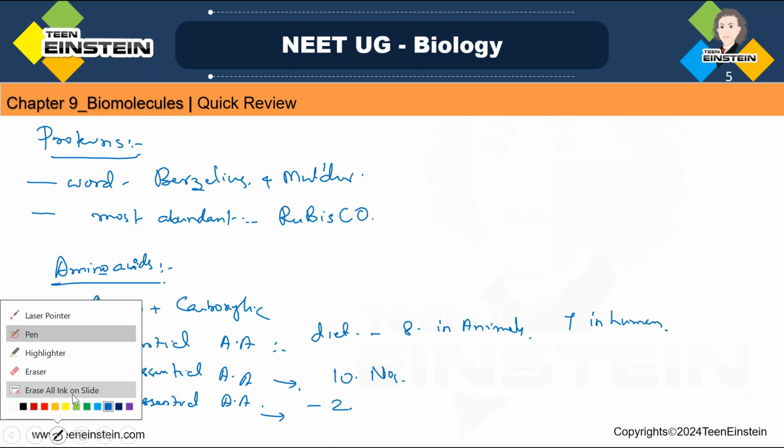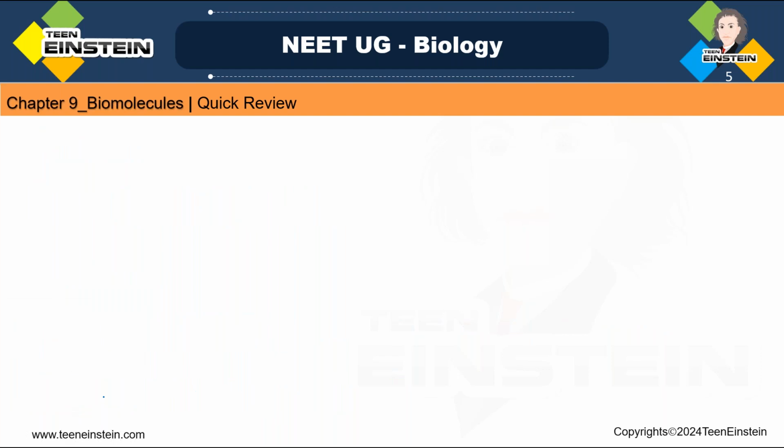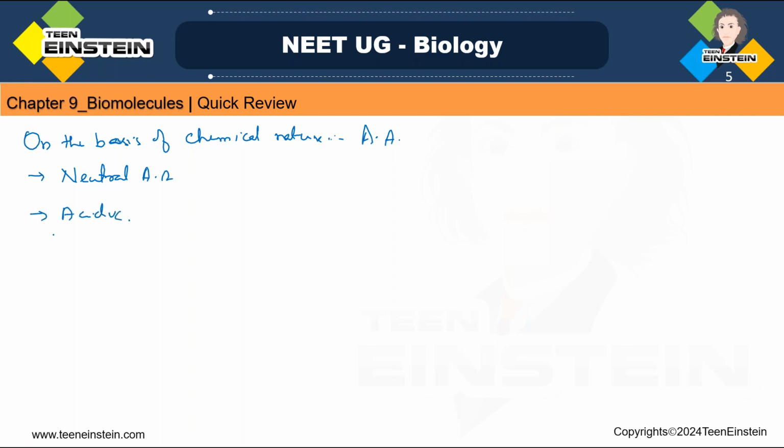And on the basis of chemical nature, amino acids are of 3 types: neutral amino acids, acidic amino acids, and basic amino acids.